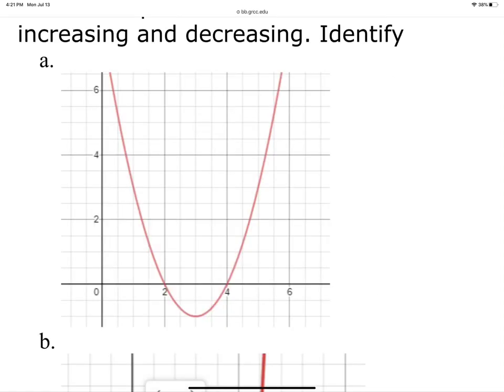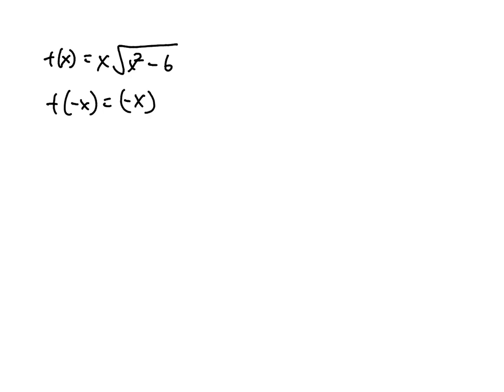Let me try this again. All right, last problem for section 3. T of x equals x square root of x squared minus 6. So t of negative x is negative x square root of negative x quantity squared minus 6. Simplify this, you get negative x square root of x squared minus 6, since negative x quantity squared is x squared.